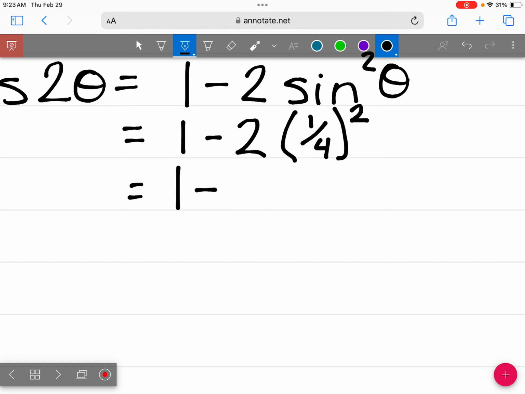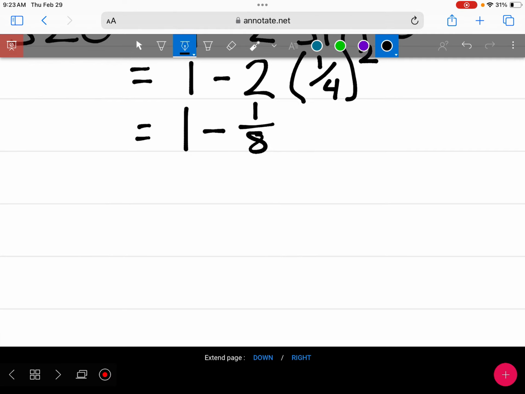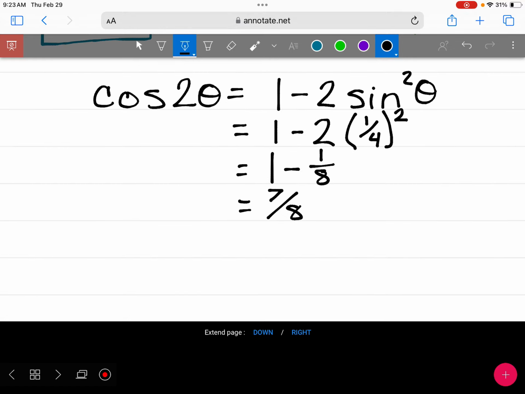One minus, what is 1/4 squared? 1/16. 1/16 times 2 is 2/16, which is 1/8. What's 1 minus 1/8? 7/8. So cosine of 2 theta is 7/8.